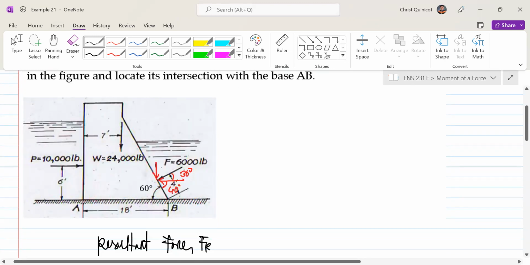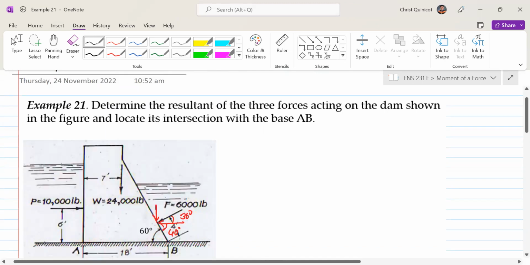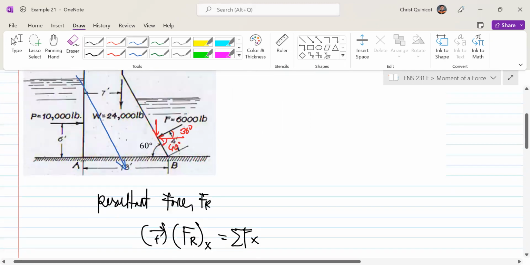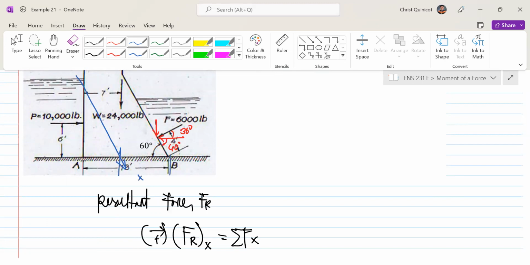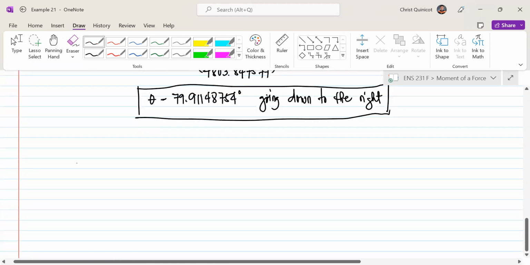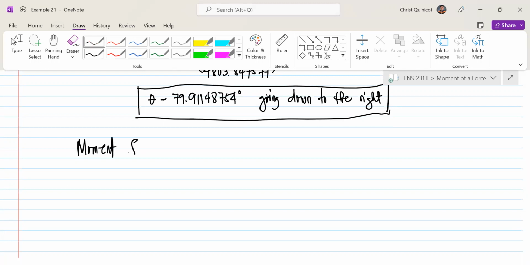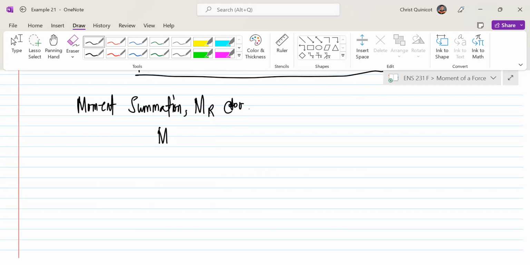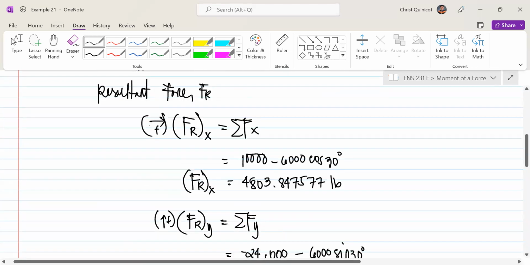Therefore we will find the moment summation about point B. By the problem itself, our resultant force is going down here, and we need to calculate this distance, which we call x measured from point B. The moment of the resultant about point B equals the sum of all moments at point B, assuming counterclockwise positive.